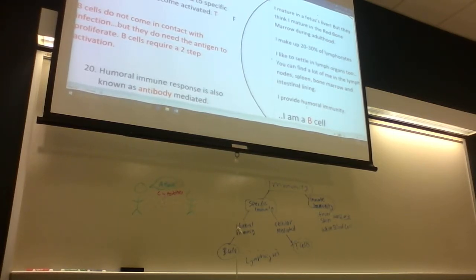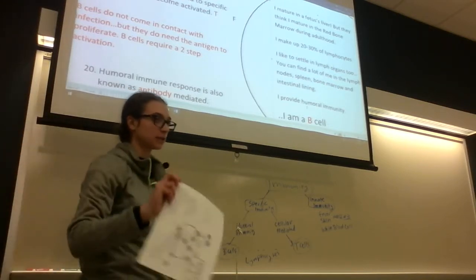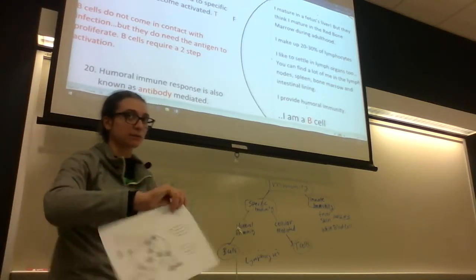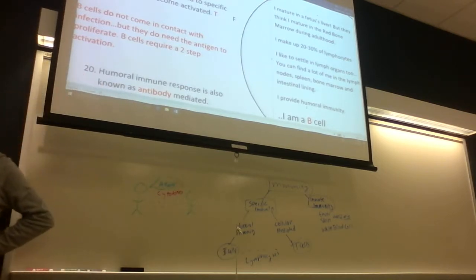This is true. T helper cells need the antigen presenting cell to activate, and B cells need the T helper cells. So T helper cells are activated first by antigen presenting cells, and then B cells are activated after. We're going to go over this picture that'll really go through it, so just know that's a fact.